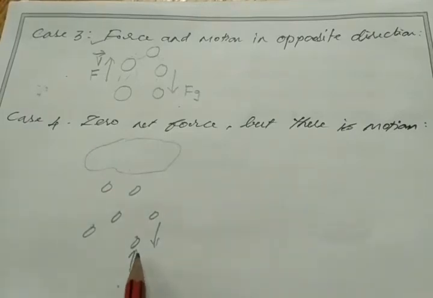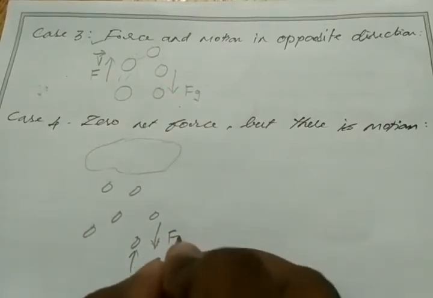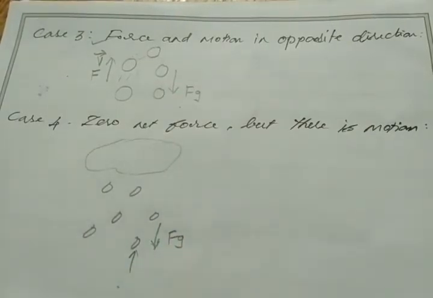Air resistance tries to stop the raindrops, so it acts opposite to the direction of motion. As I said already, frictional force always acts opposite to the direction of motion. So raindrops fall downwards because of gravitational force, and in the opposite direction, frictional force acts on the raindrops.